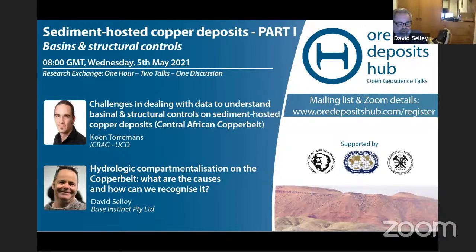When you're working on a particular snapshot or a postage stamp, it's a very powerful tool. But if we're trying to understand what's happening at the basin scale, I think we really need a stitched high resolution data set.